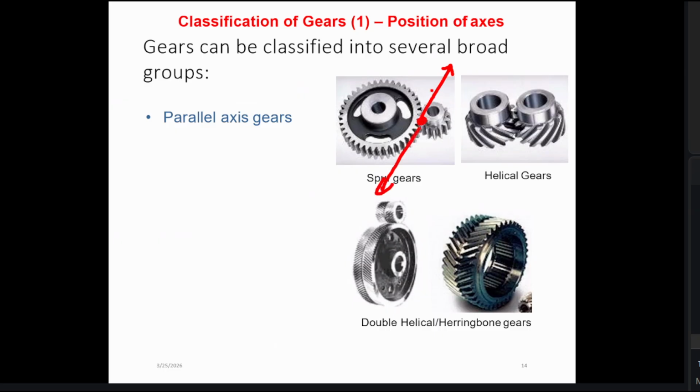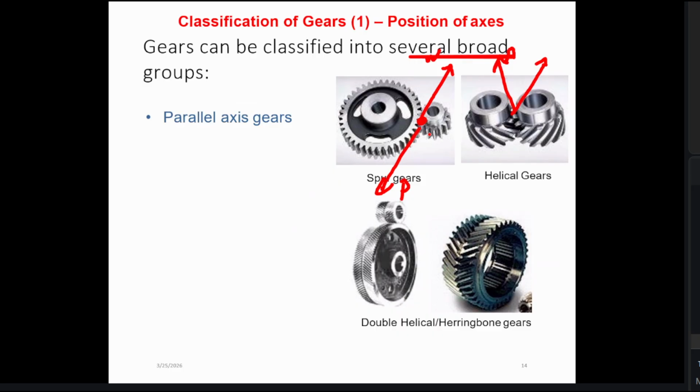This load is acting on the wheel, and this load is acting on the pinion, let's say. So spur gears can only handle tangential loads, but helical gears can handle both tangential and axial loads. Right? So this is the axial. Right. Then what else?